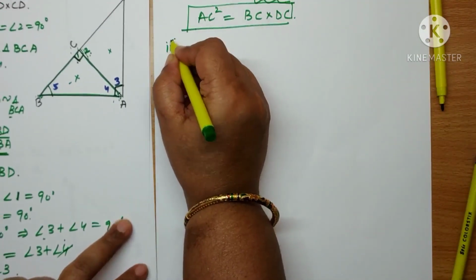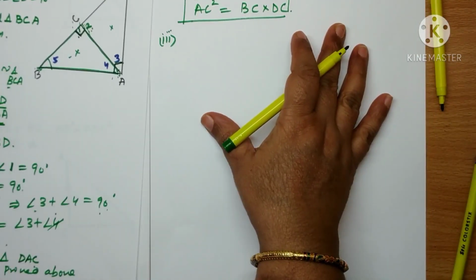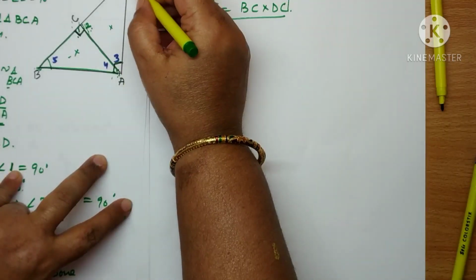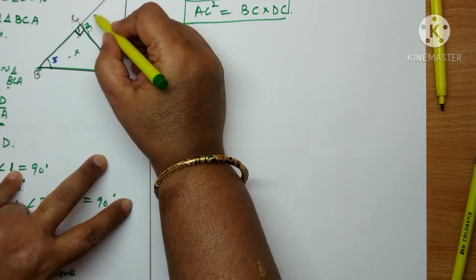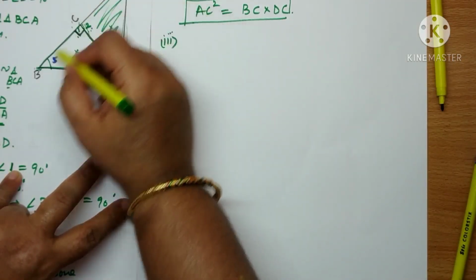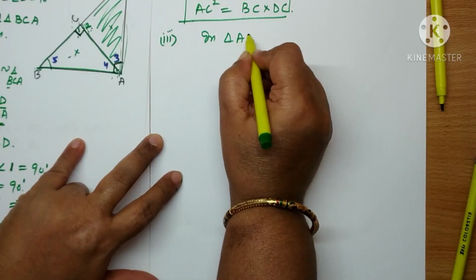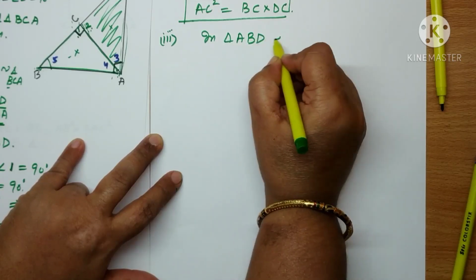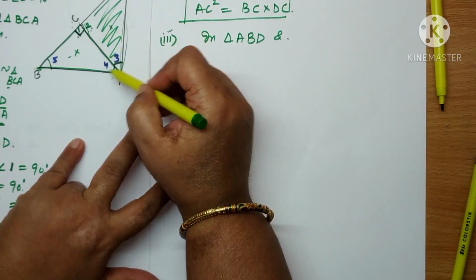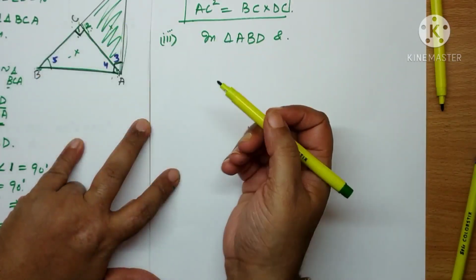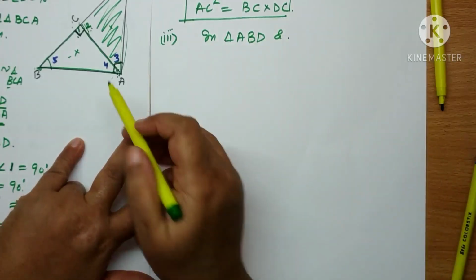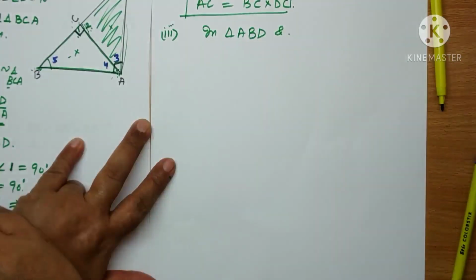Third part now. In the third part, he wants us to prove AD square. Now AD is the common side of the smaller triangle and the bigger triangle. So the bigger triangle I am labeling ABD, and the smaller triangle. So first triangle ABD I have labeled.